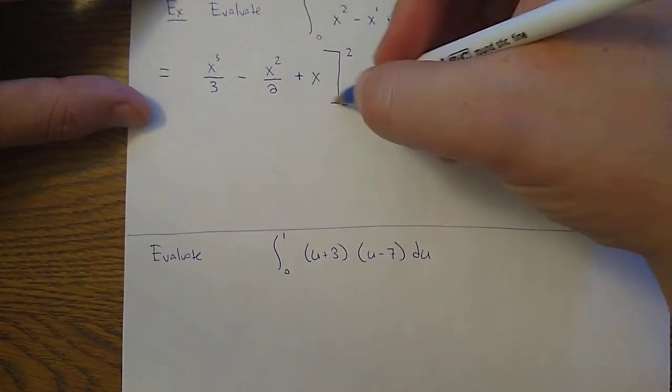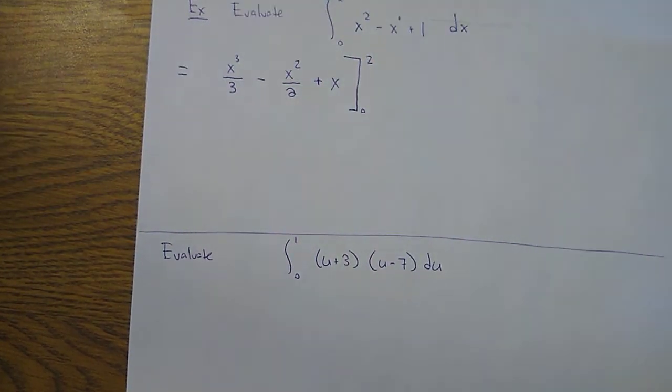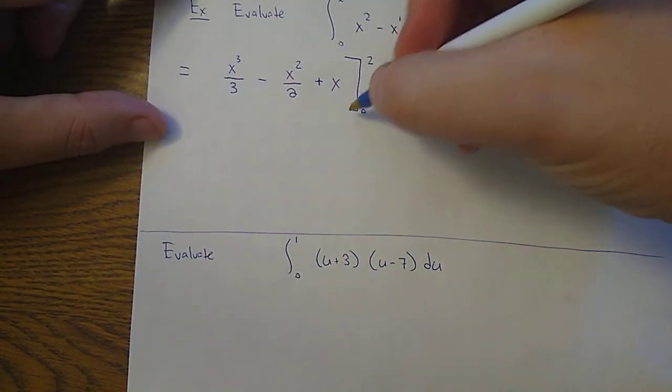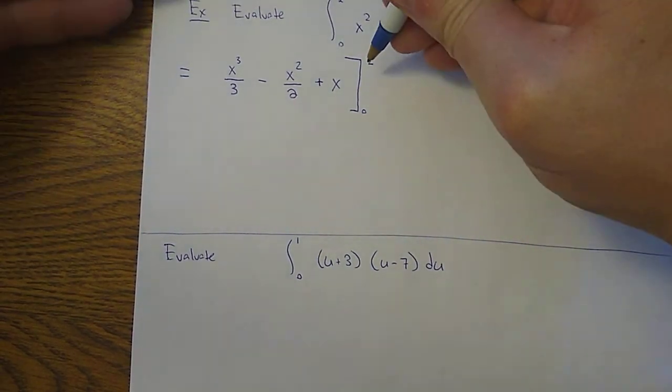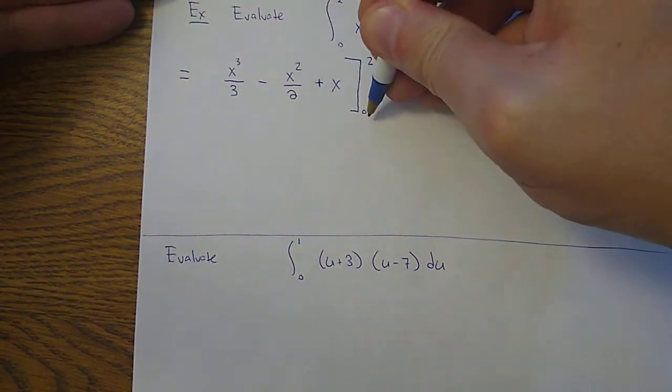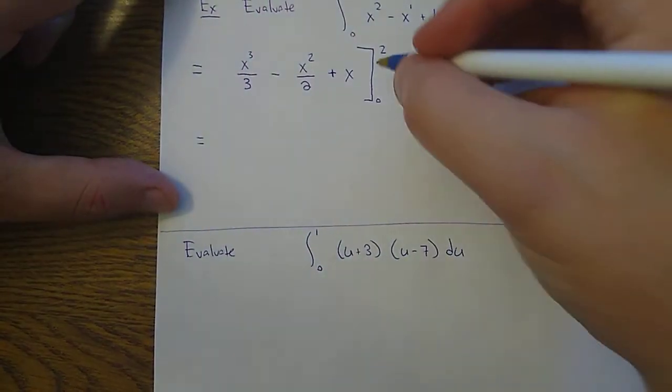So this bracket, and notice there's no open bracket for this closed bracket. It's a funny looking thing, but this is just the notation that we use to tell ourselves that I'm about to plug in this number and then plug in this number and subtract. So here I go.